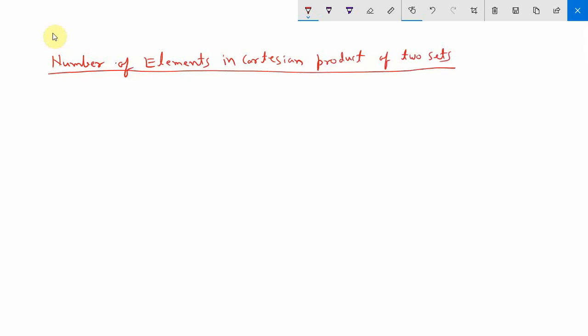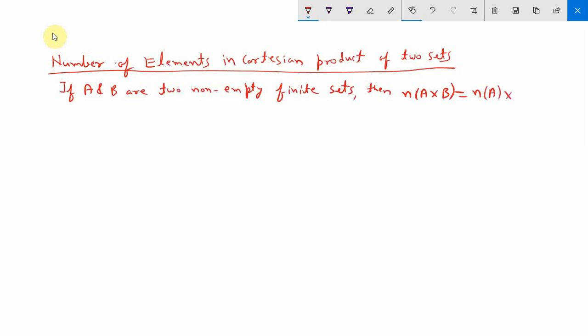See, if A and B are two non-empty finite sets, okay, then number of elements in A × B is equal to number of elements in set A times number of elements in set B. Okay, this is a theorem.